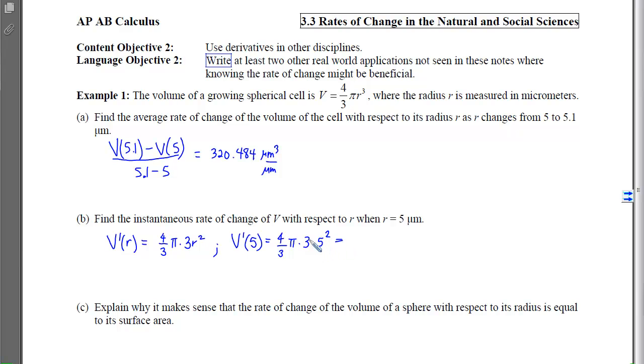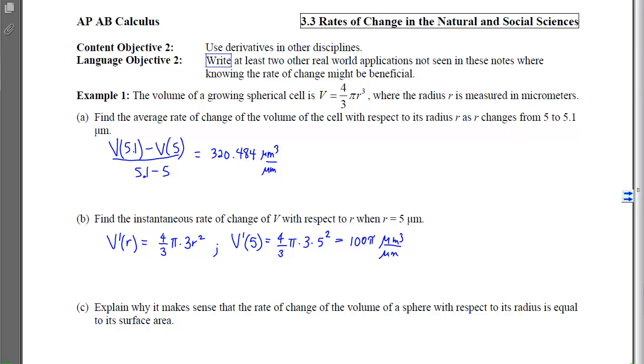So I get 25, the 3's will cancel, times 4 gives me 100 pi, which is going to be 3.14-ish, so it'll be a little bit smaller than that rate of change we got on the average.